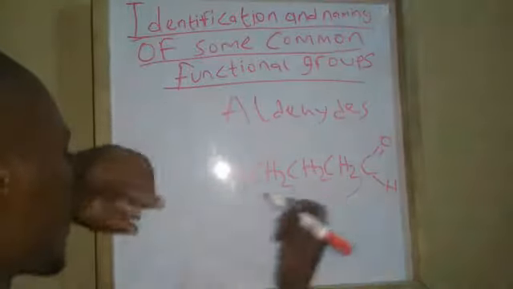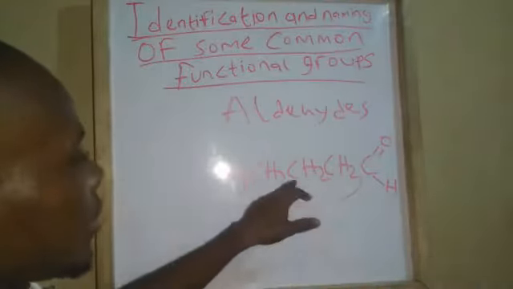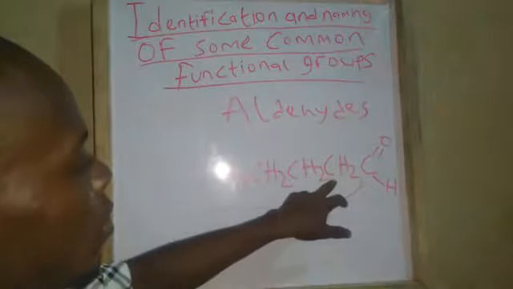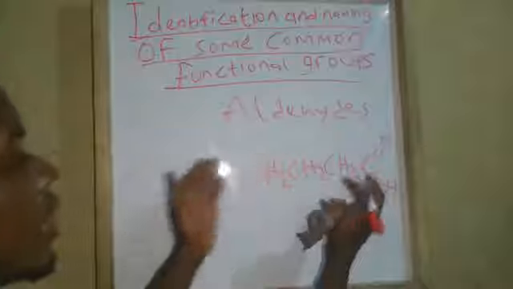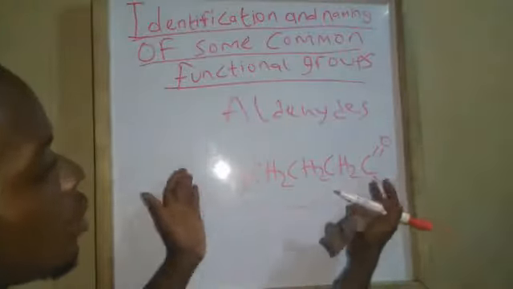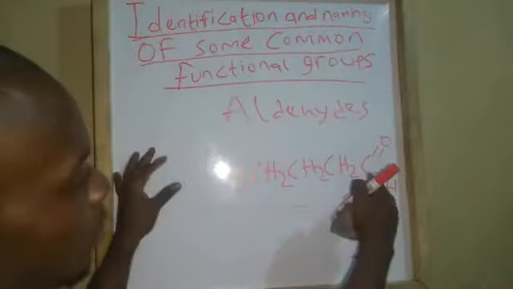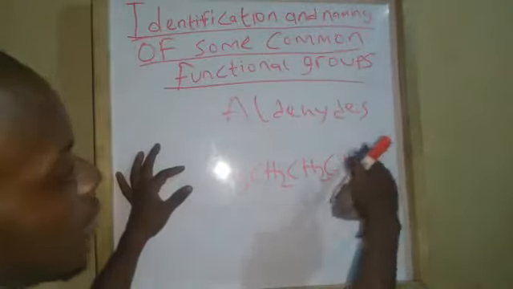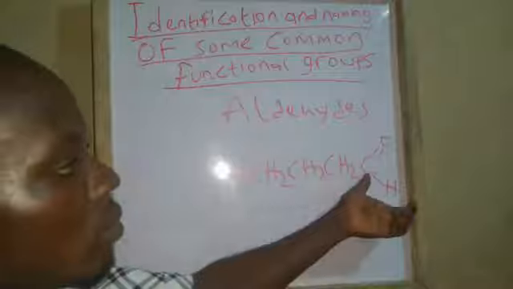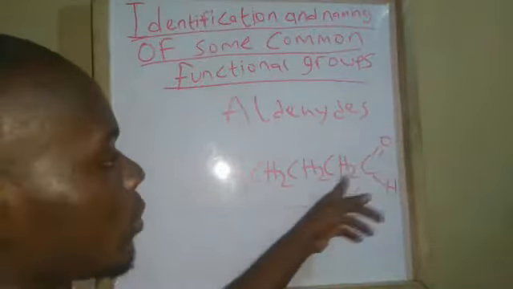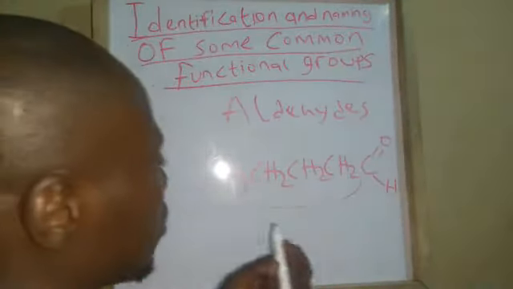Then this is the CHO part. 1, 2, 3, 4. So we are doing pentanal. Are you getting it? Which means we need the butyl followed by the CHO. So don't forget, when you have pent, you must not have more than 5 carbons here. Are you getting it? And when you are counting the carbon, the carbon carrying the carbonyl group must also be counted. So this is the structure of pentanal.